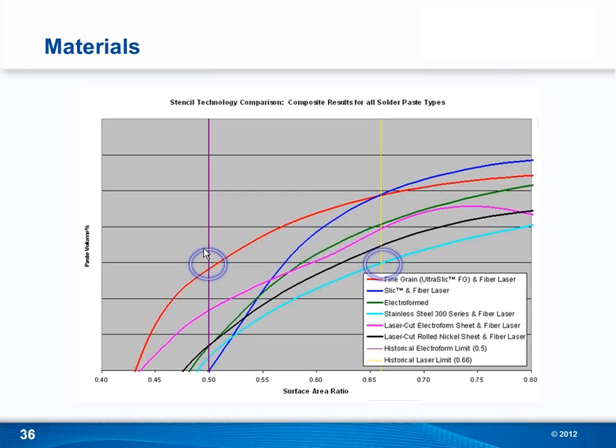So the stencils that we just looked at and talked about, the two that had the worst distribution and therefore an area ratio of 0.5 or slightly less, the only way to make those stencils work is to go to this fine-grained stainless steel that allows you a better paste release.